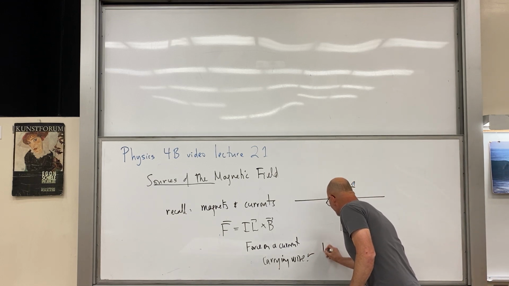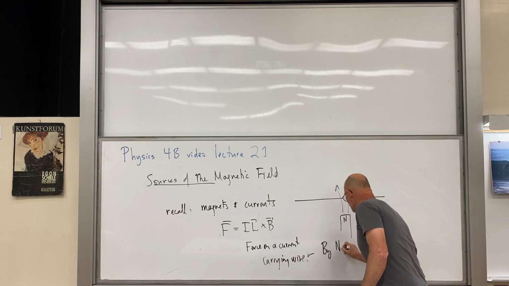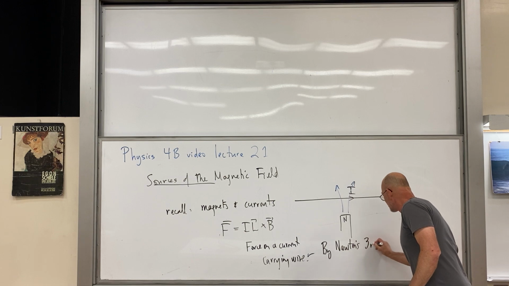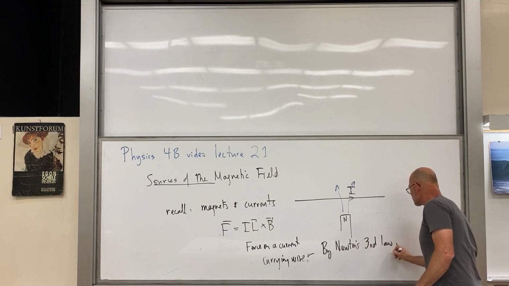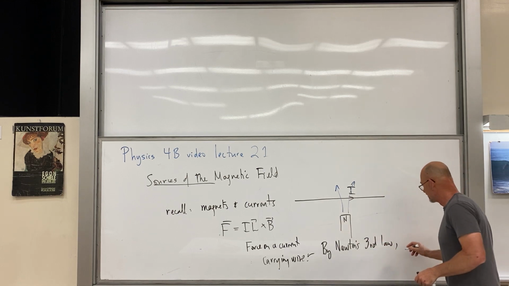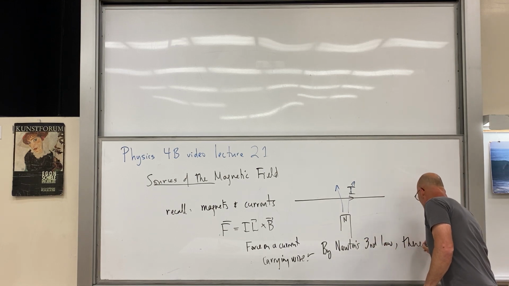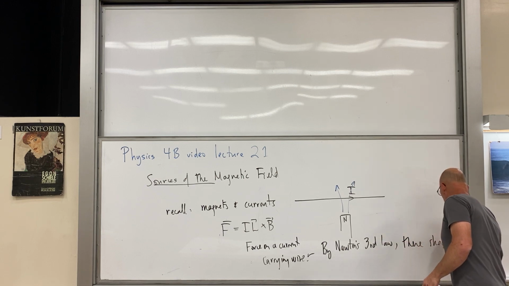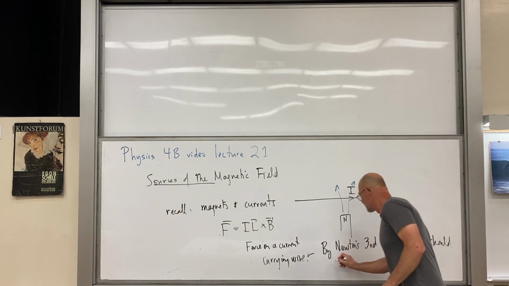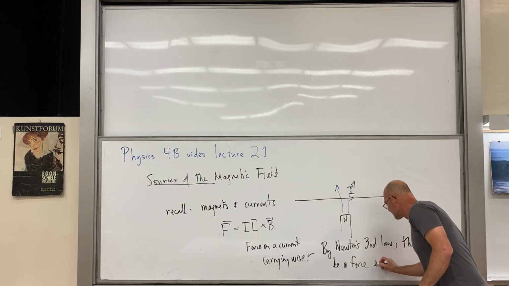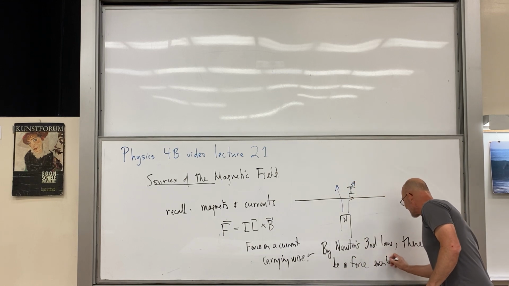So let's go ahead and write that down. By Newton's third law, there should also be a force exerted on the magnet, right? Equal and opposite. Okay, so there should be a force exerted on the magnet.